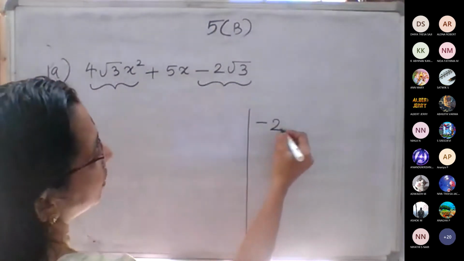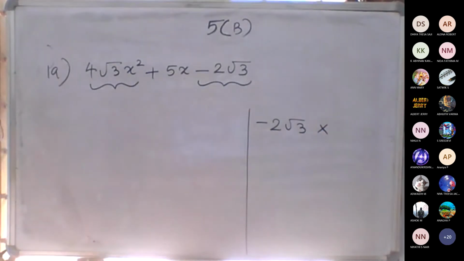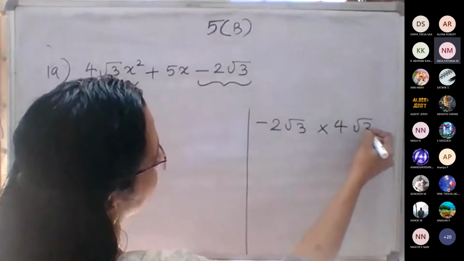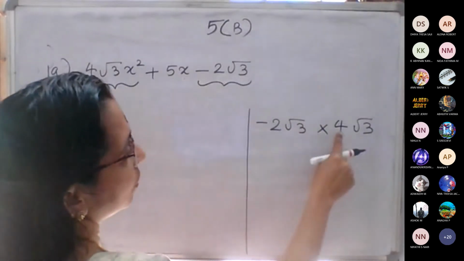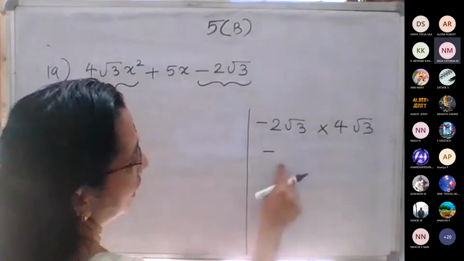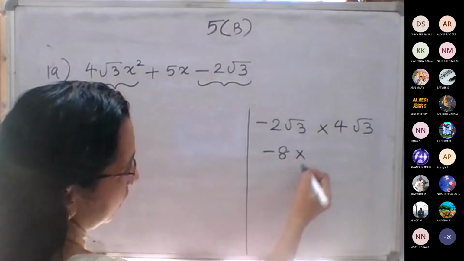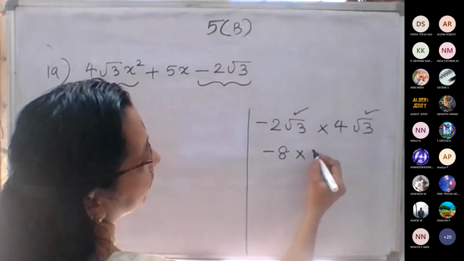Last term, negative 2 root 3 into 4 root 3. That should be our dash into dash. Negative into positive is negative. 4 into 2, 8, into root 3 into root 3.